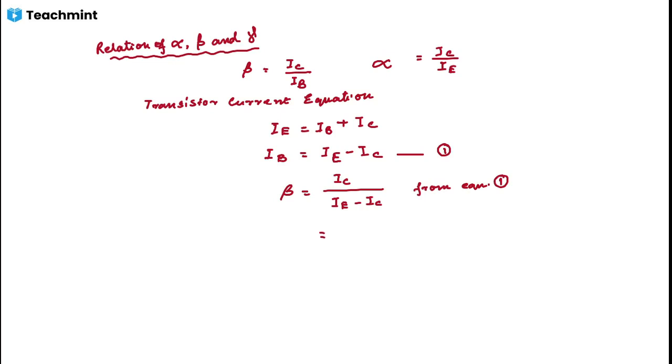So dividing by IE, you write here IC by IE by IE by IE minus IC by IE.